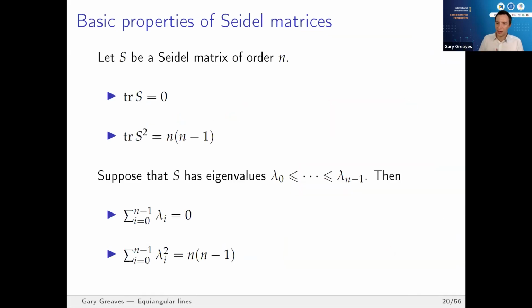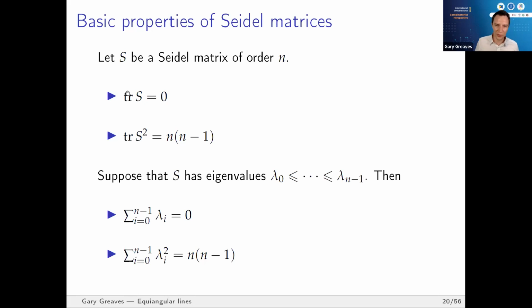Okay, so now we can study Seidel matrices to study equiangular lines. So now let's have a look at some properties of Seidel matrices. Let's start off with a Seidel matrix and call it S, and assume it has order n, so it's an n by n matrix.